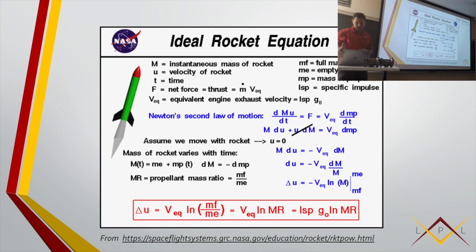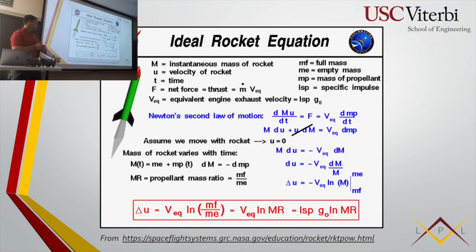So this is the ideal rocket equation. This is more used for the actual vehicle itself. Is everyone familiar with this? This is where the concept of staging comes from. You have your delta V, which is, if you're a contractor, say you want to put a satellite into orbit and you use the Falcon 9, you're going to need a certain delta V to get into orbit.